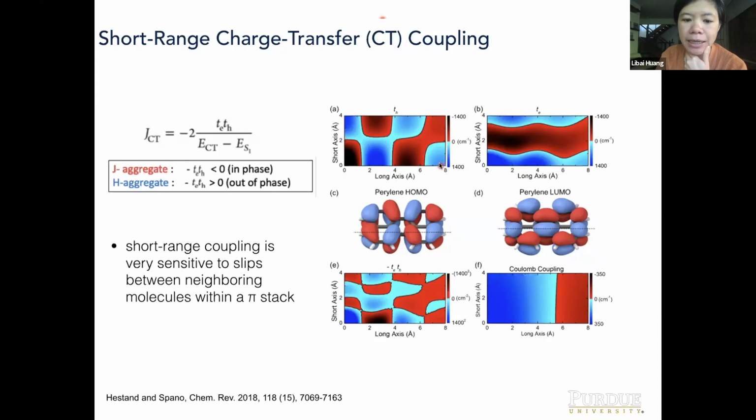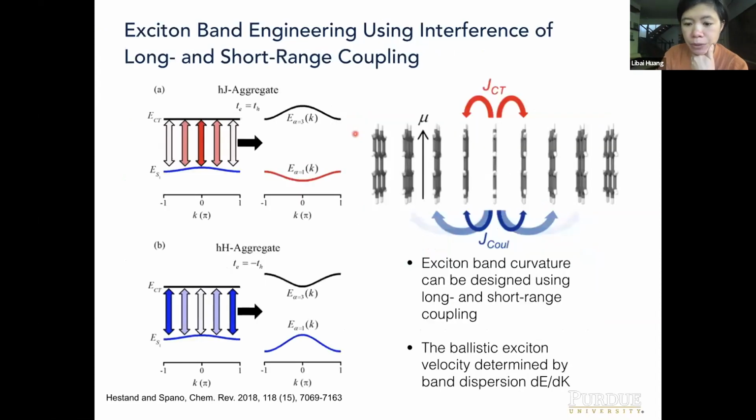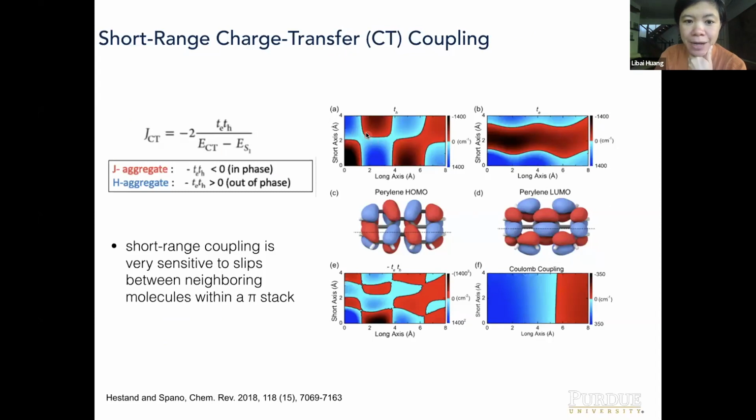You can see that the charge transfer coupling JCT here can go from blue, which is H-like, to red, which is J-like, by changing the molecular structure by just a couple of angstroms. With Frank, we were able to pick out, actually by luck, two of these PDI molecules. For both aggregates the long range coupling is H-like, but the short range couplings are both J-like, by different amounts.